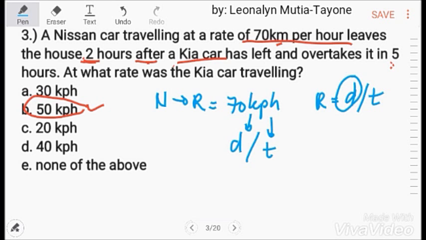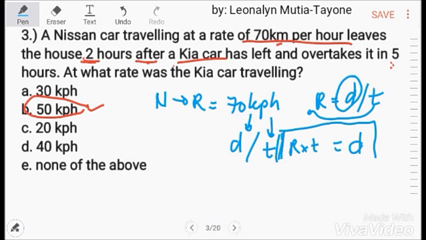Hanapin natin yung distance kasi pareho sila ng distansya. So, mag-transpose tayo. And that is rate times time equals distance. Kasi si rate, i-transpose natin sa kabila, ma-multiply na siya. So, ito na yung formula ng distance.